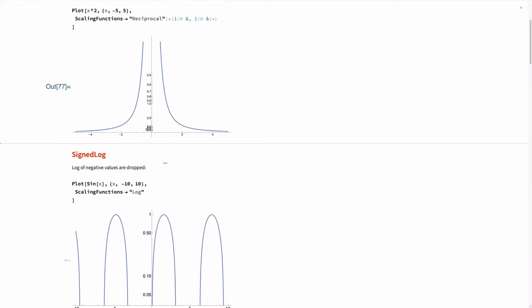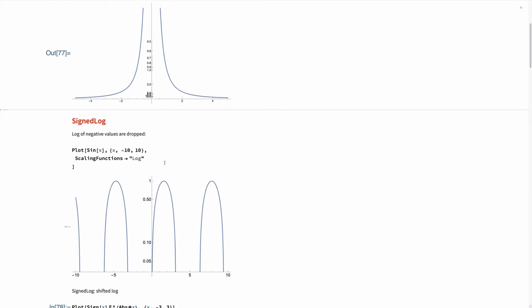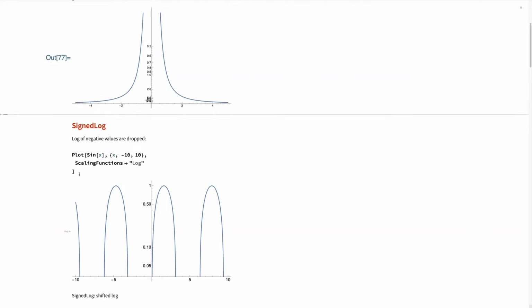And we also introduced the signed log in version 13. The reason we introduced signed log is that it is obvious that when you apply log to a function that has negative values, the negative values don't exist.